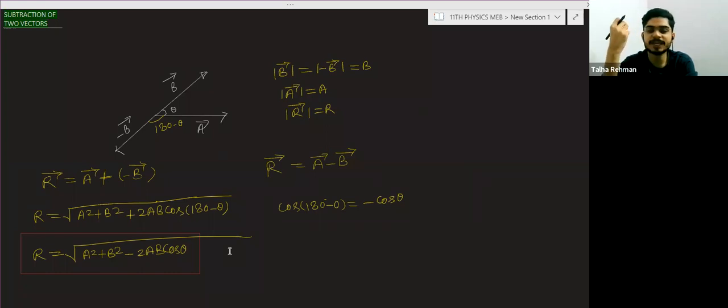We can apply the triangle law here, but there will be no use of that. We will not get this resultant.